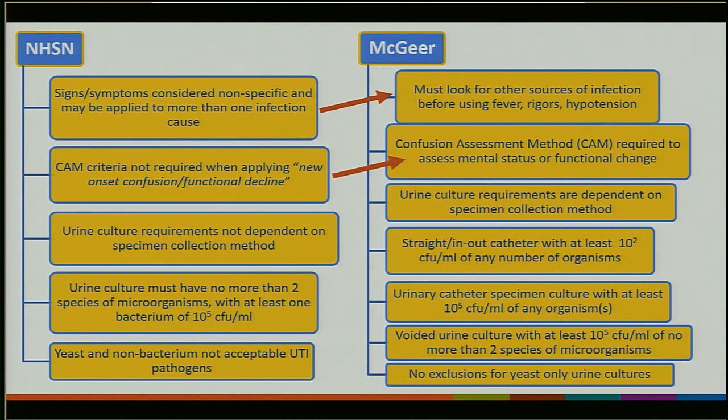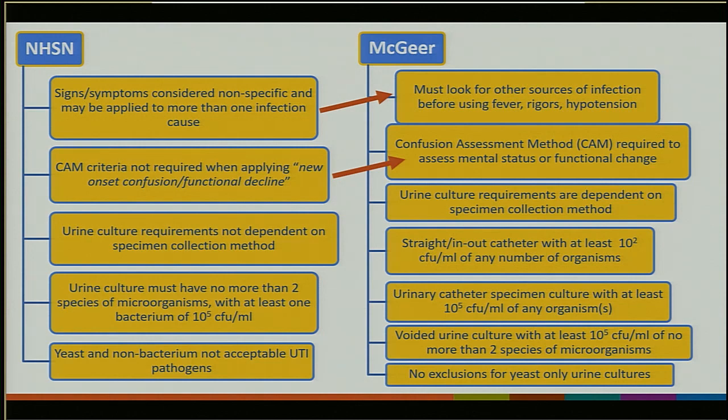And then, as one of your colleagues pointed out earlier, the urine culture requirements are different between the two. For NHSN, your urine culture requirements are not dependent on how that specimen was collected, regardless if it was a straight catch, a clean catch, or however your urine was collected.